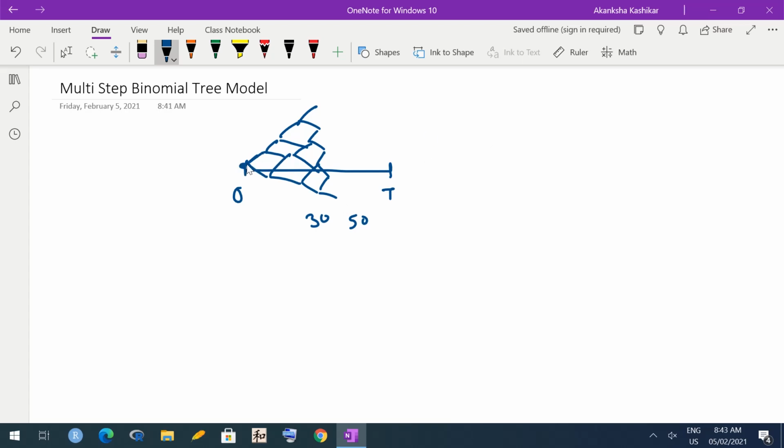So for example, if I start here, I have two possible values here, then I have three possible values, then 1 2 3 4 possible values, and so on. And then when you reach at time t, the number of possible values has increased by a significant amount, and then it provides obviously a much better approximation for the actual prices of option or any other derivative. So for that we will today start with two-step binomial tree model.